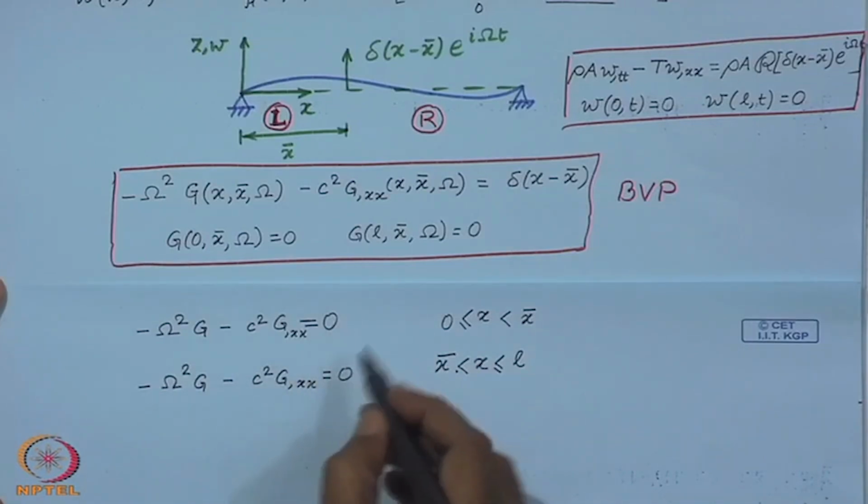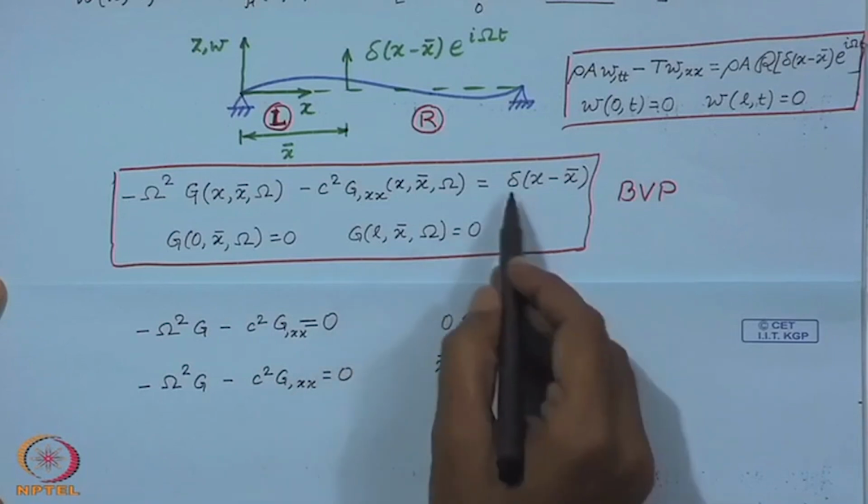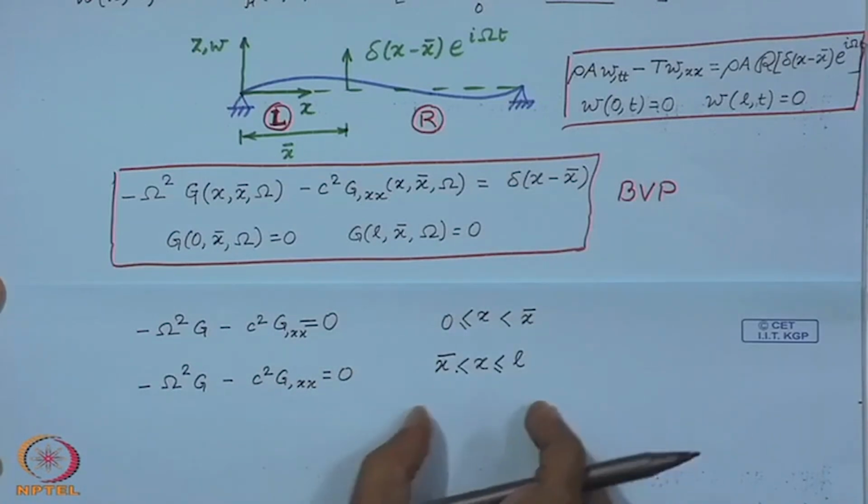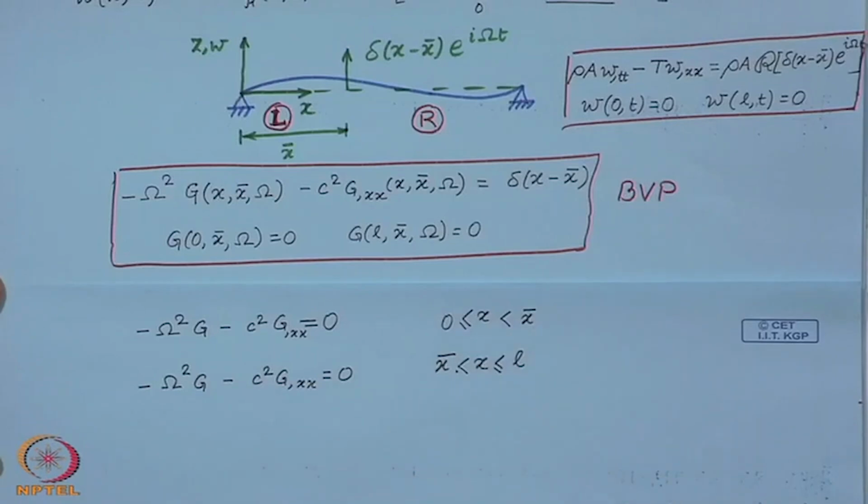Only at x equal to x bar there is this Dirac delta function acting. In the other regions there is no forcing.